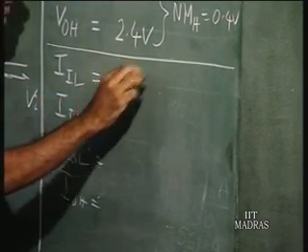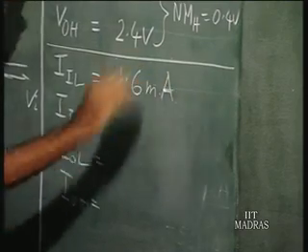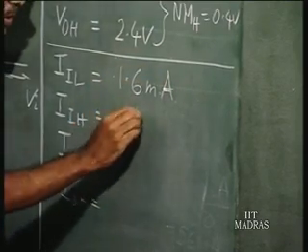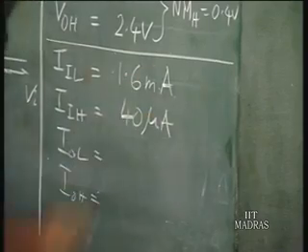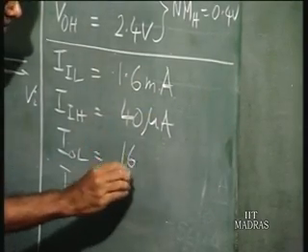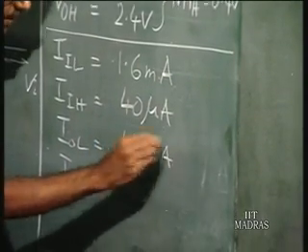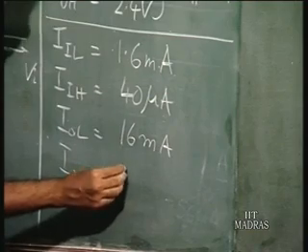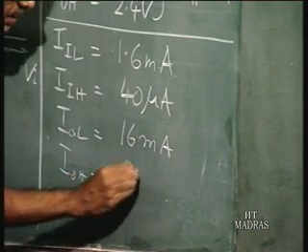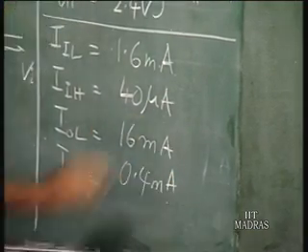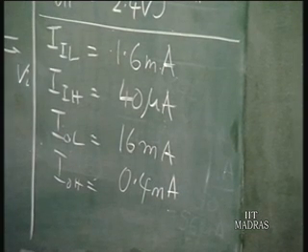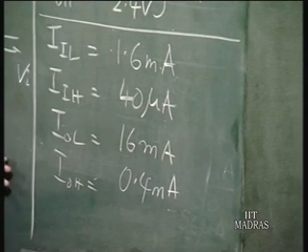For this it is 1.6 milliamperes. IIH is 40 microamperes. IOL is 16 milliamperes and IOH is 0.4 milliamperes. So, these are another set of specifications which is given.